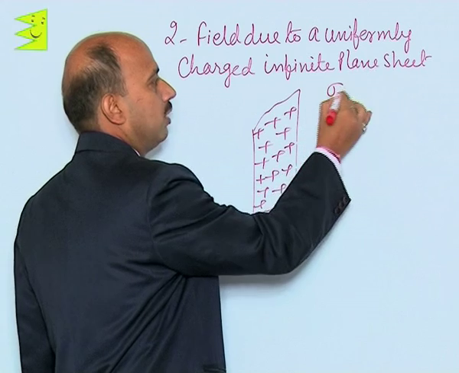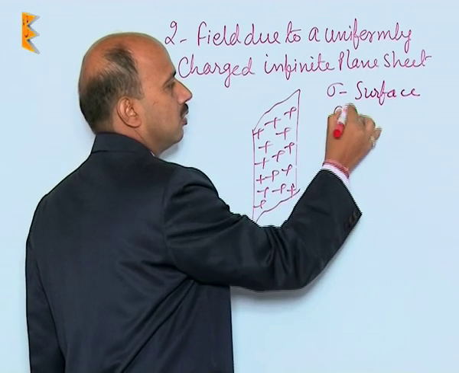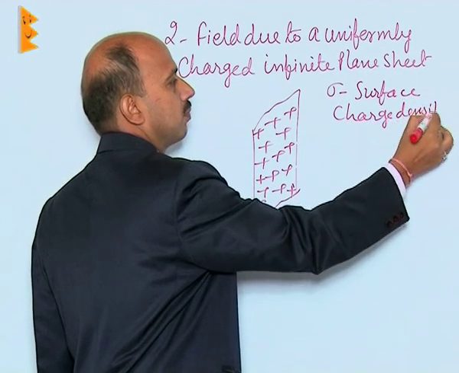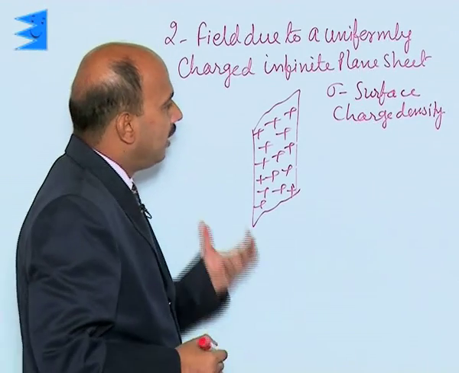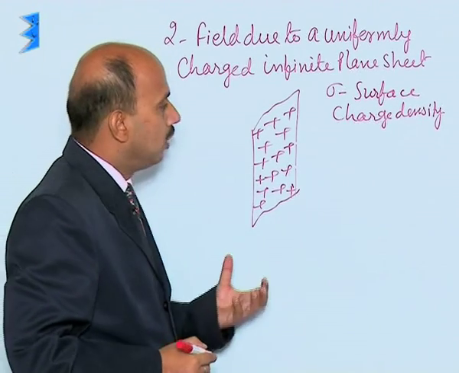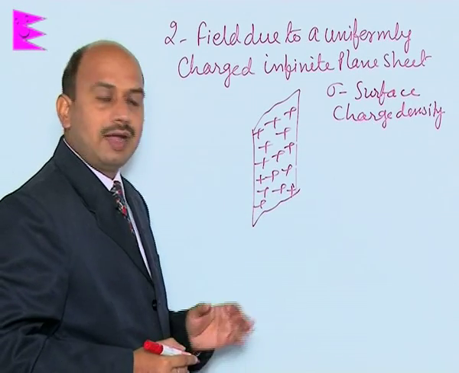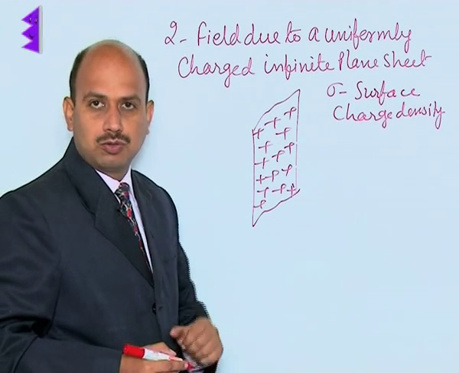It has surface charge density sigma. Now, from symmetry, we can take the electric field perpendicular to the plane of the sheet on both sides, and at an equal distance the electric field will have the same magnitude also.